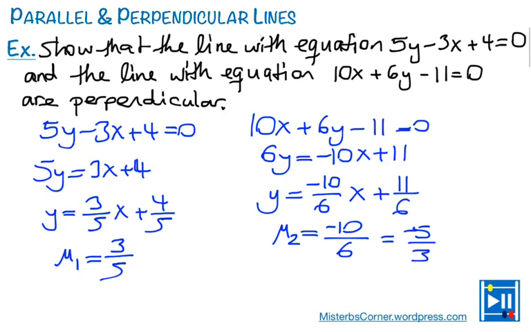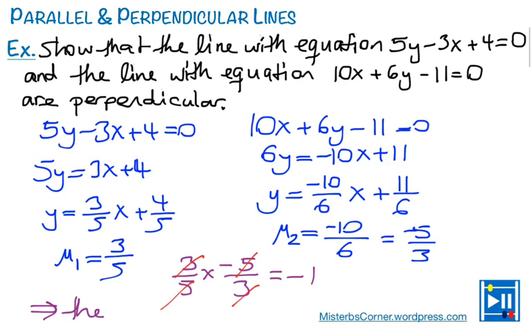Now if I multiply these two gradients, 3 over 5 and minus 5 over 3, then I can see that 3's cancel each other out, 5's cancel each other out, I only have negative 1 remaining. This implies that the lines are perpendicular.